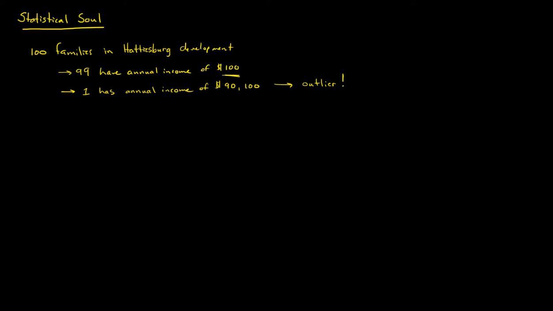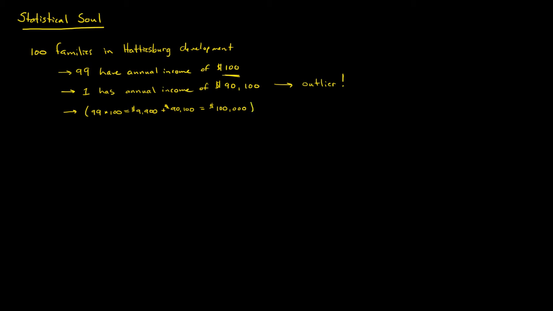Let's look at the mean family income. We know the equation here, but what would we want to do? I can do the math simply by myself. You take the 99 families and multiply that by 100, which gives you $9,900. And then you add the last family that has the annual income of $90,100. So you take 9,900 plus 90,100, and that equals 100,000 for your numerator.